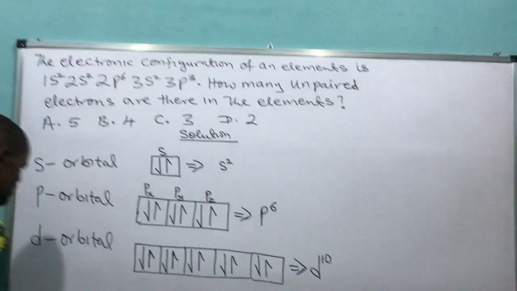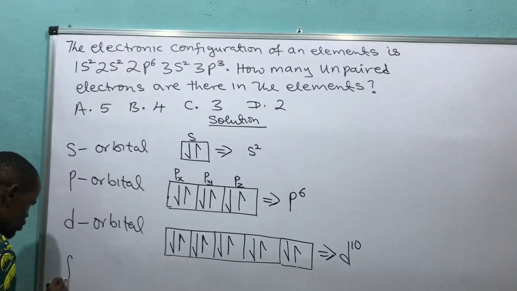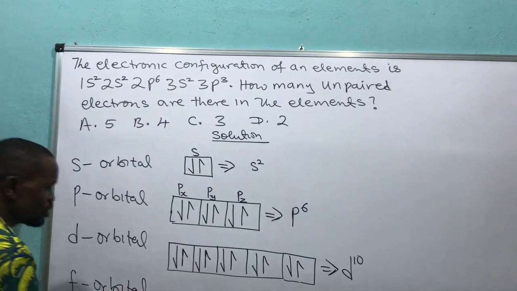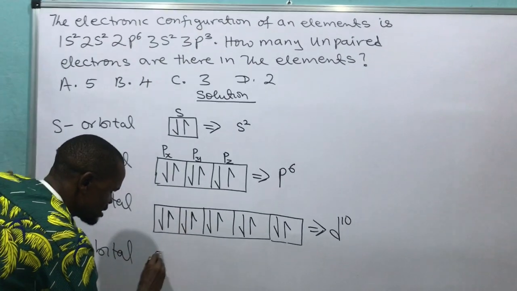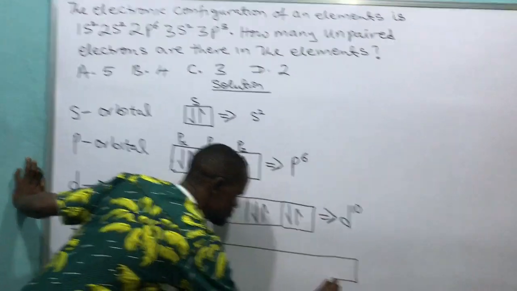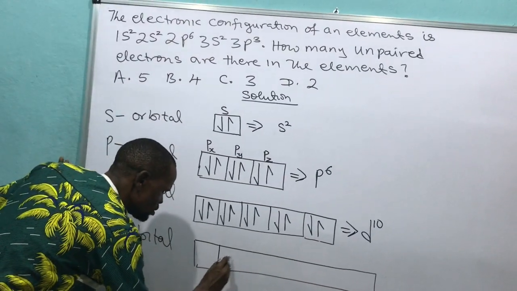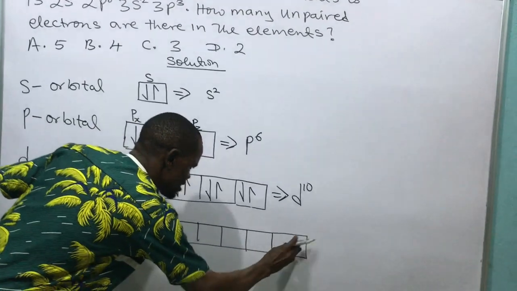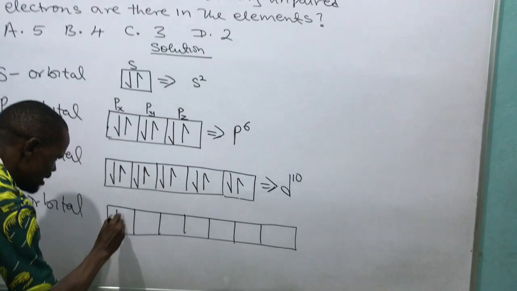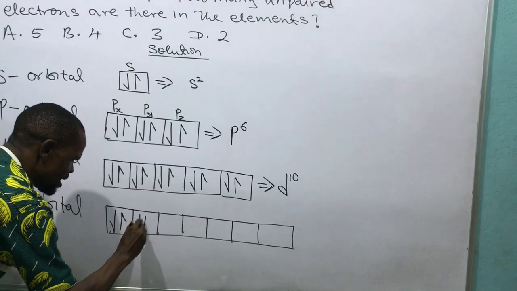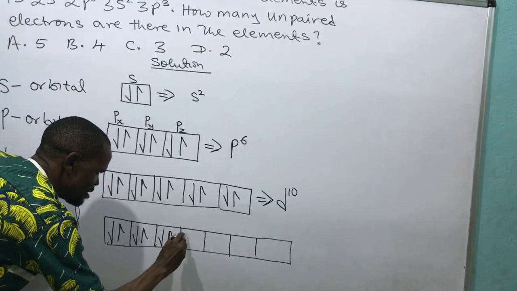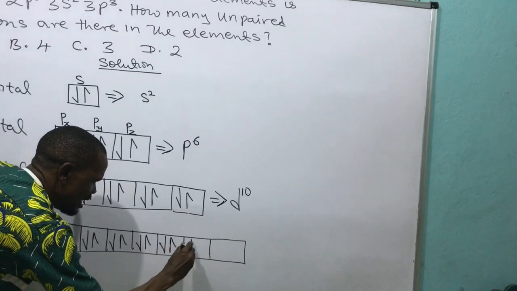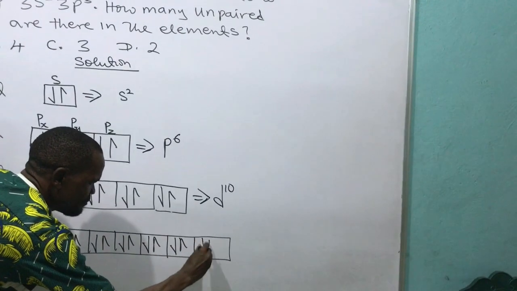That's paired. Then I have my F orbital. My F orbital has 7: 1, 2, 3, 4, 5, 6, 7. And I will have pin in, pin out; fill in, fill out.